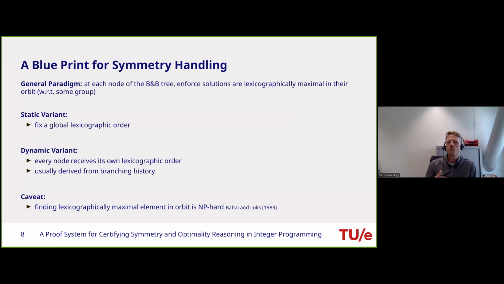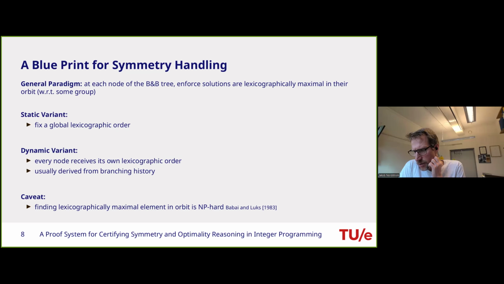Then I ideally want to prune nodes if I can detect that they do not contain any lexicographically maximal elements, which is unfortunately NP-hard in general. And if this is not possible or easily detectable for the problem that we want to solve, then we want to derive further symmetry reductions to at least partially handle symmetries. But most of the techniques that we see in the literature use either this global lexicographic order idea or the dynamically generated lexicographic order as depicted on the previous slide.